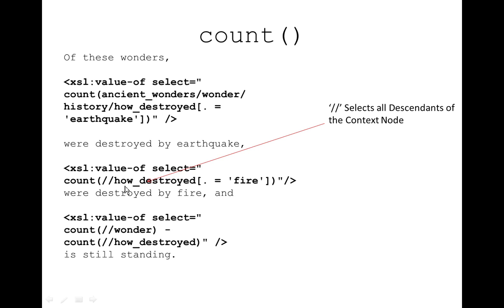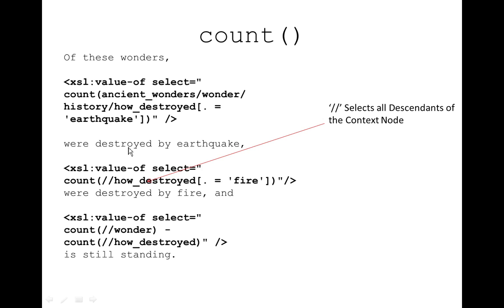Okay, so we have another one here. Here again we have a value-of select. In this case we have a relative path. So it's going to be on the node that it's on, the context node, and it's going to select all the descendants of that. So here we're going to do how destroyed. Whatever how destroyed is on, it's going to be looping through those. We've got a count, and it's going to take the context node, which is the dot, and say, is the value of that context node equal to fire?